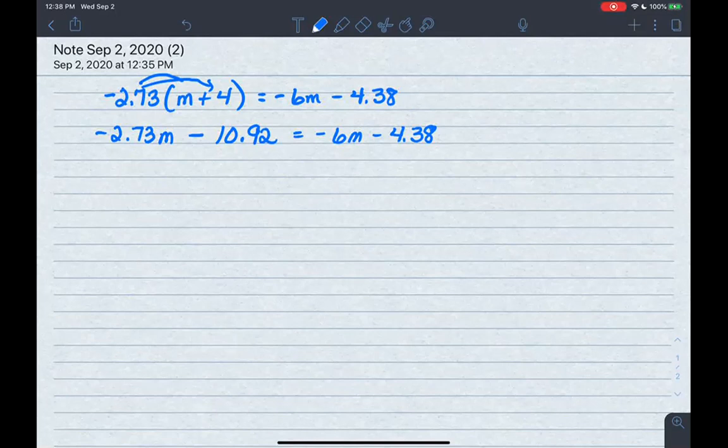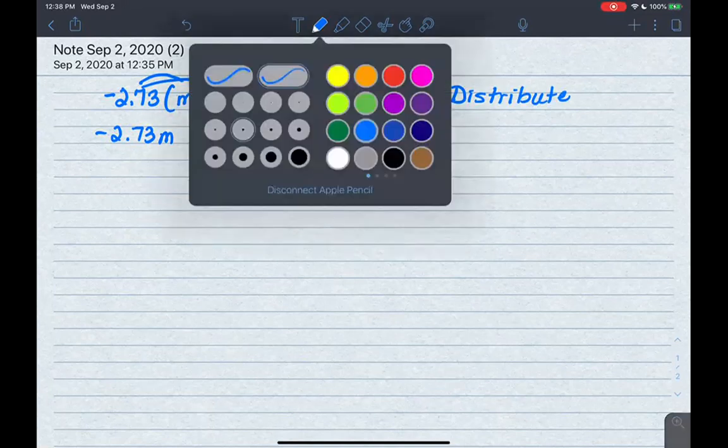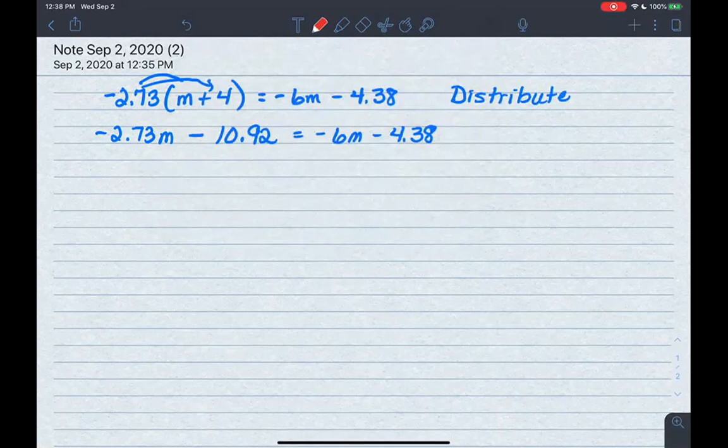So that looks pretty good. What should we do next? So we distribute it here. Does it matter if you do the one with the variable or the regular number first? No, it doesn't really matter. So it's up to you. So you could get all the m's on one side first, or get all the constants on the other side first. It's sort of a preference thing.